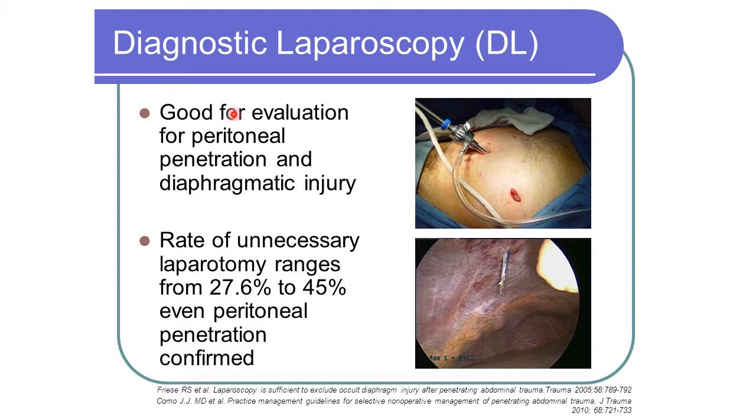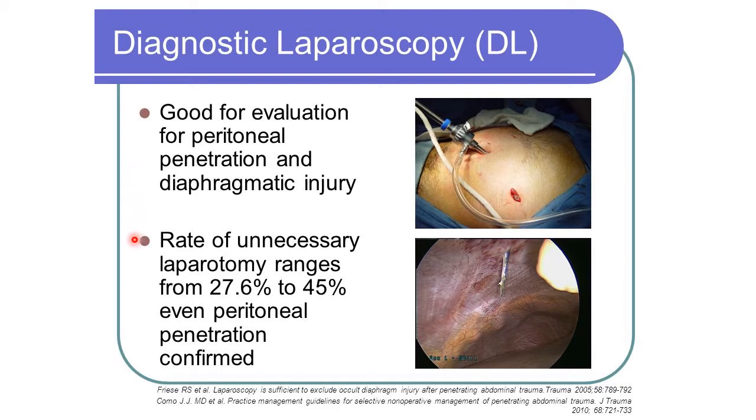If all investigations are unable to detect intra-abdominal bleeding or significant bleeding, and there's not enough time as the patient's condition is unstable, then there is a role for diagnostic laparoscopy and proceed. Diagnostic laparoscopy is good for evaluation of peritoneal penetration and diaphragmatic injury.